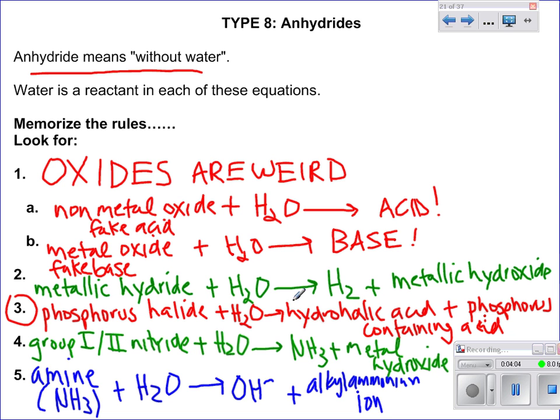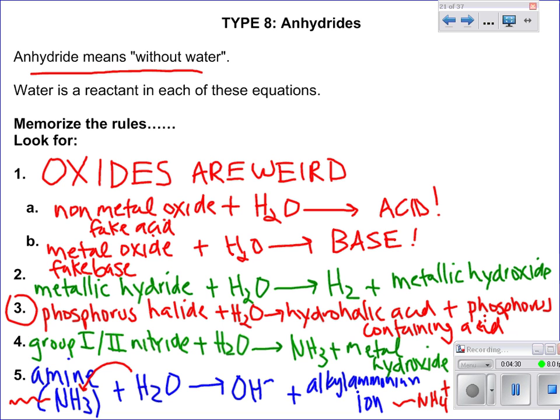We know an amine is NH3, right? But that was when it was attached to something. So you're not just going to have NH3, you're going to have some sort of carbon chain here with the NH3 attached to the end. So what's going on? This is a Lowry-Bronsted acid-base reaction. An H is going to pop onto there, making squiggle, squiggle, squiggle, NH4+.